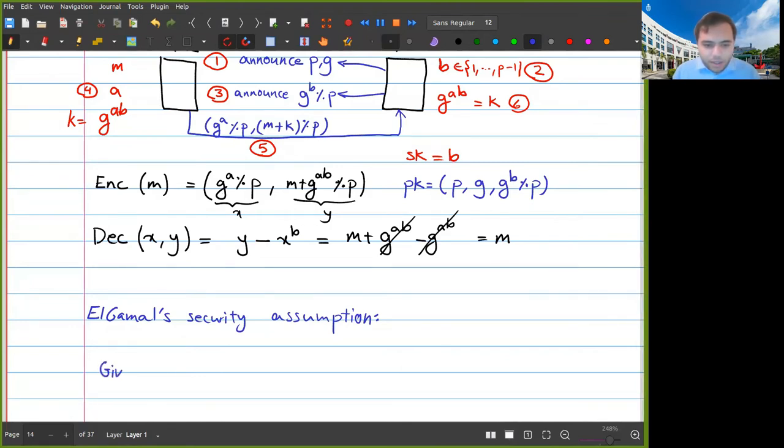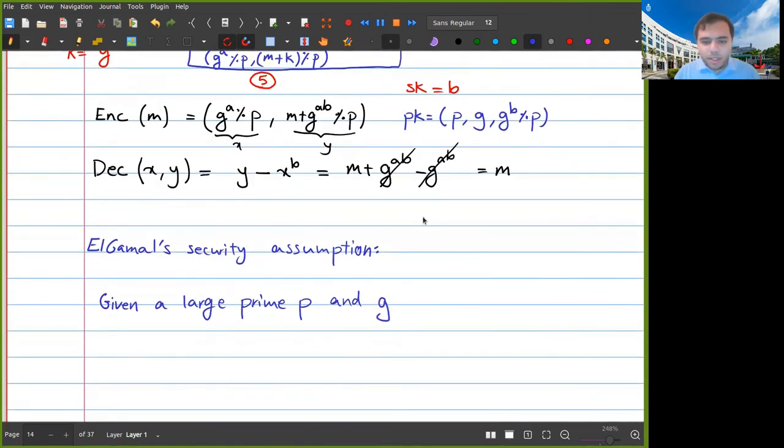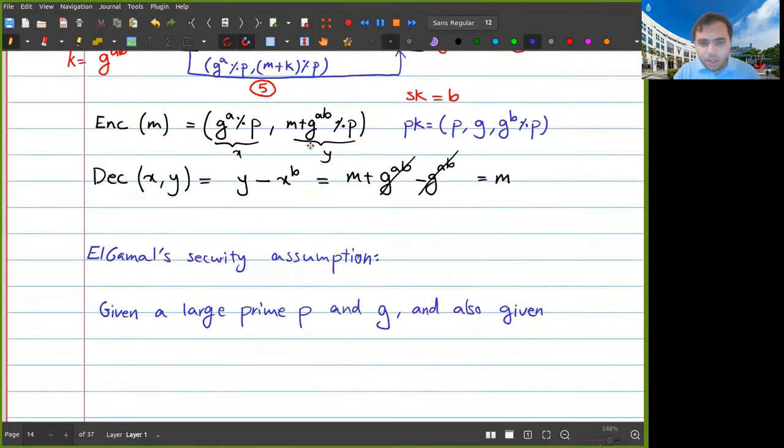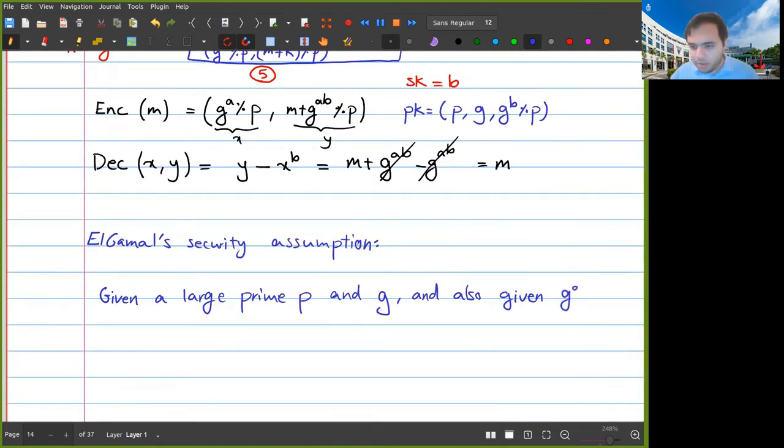So that means that given a large prime number P, and some G, which should be a primitive root modulo P, so the powers of G should create all the possible remainders, and also given all this extra information that we have here, so we have G to the power of B and G to the power of A, it is hard to compute G to the power of AB. Okay, this is our assumption.